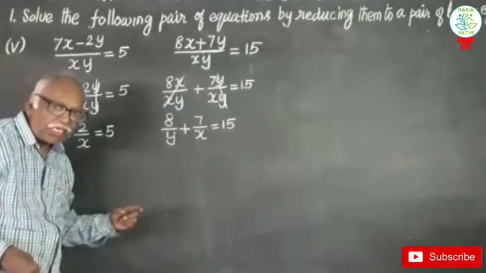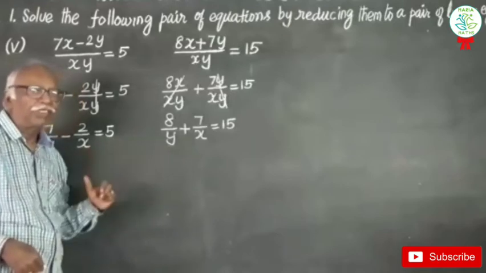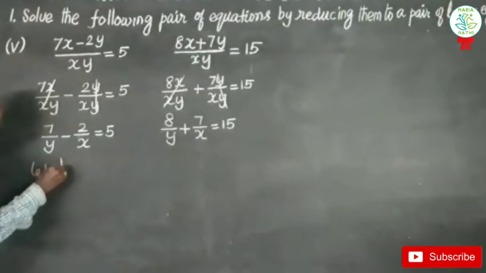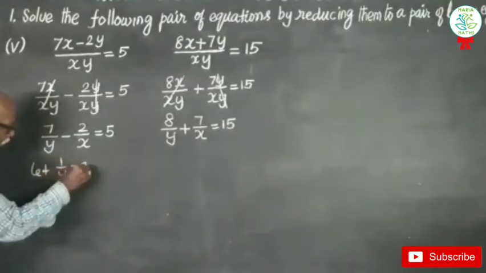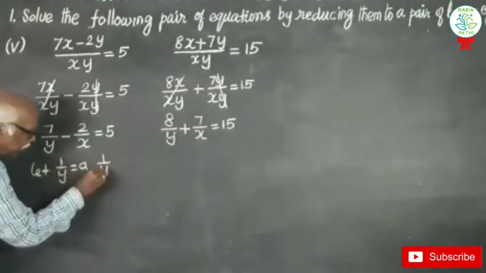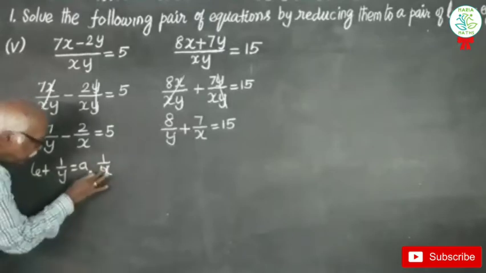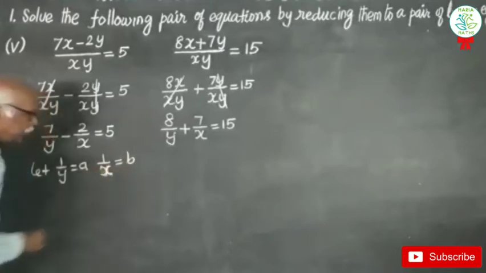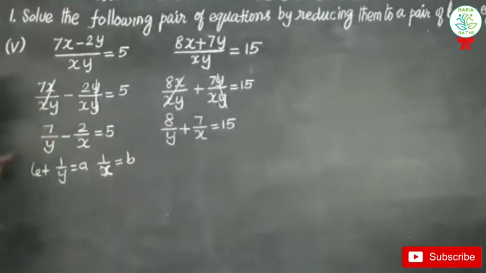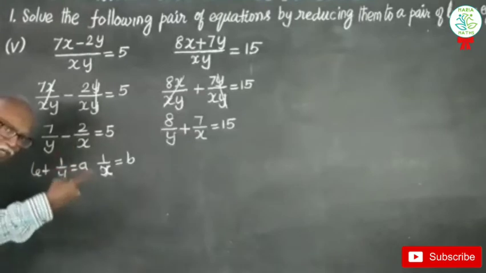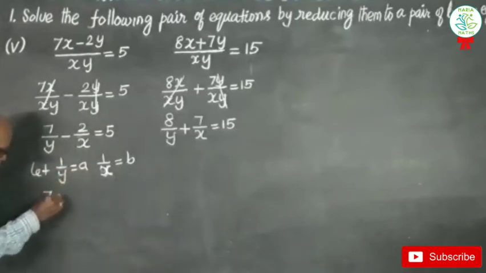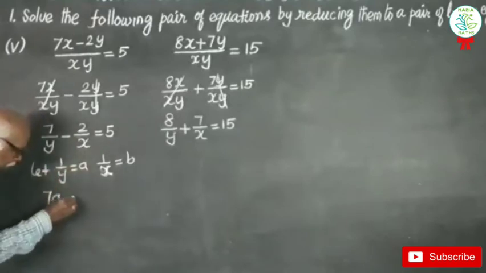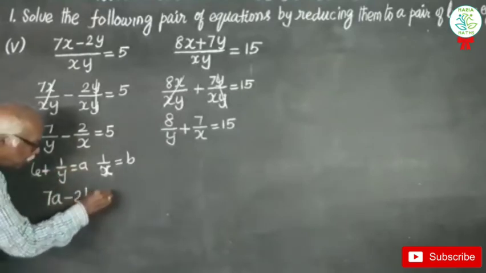To convert to a linear equation in two variables, we need proper substitution. What is that substitution? Let 1 by y equal to a, 1 by x equal to b. Then this equation becomes: 7 by y means 7 into 1 by y, 7a; 2 by x means 2 into 1 by x, minus 2b equal to 5.